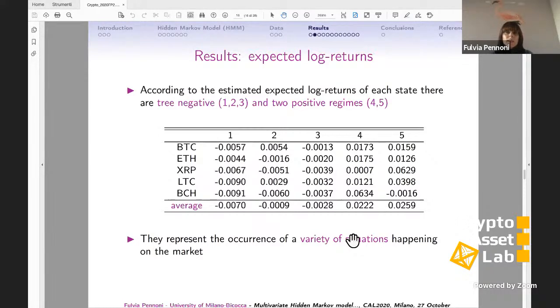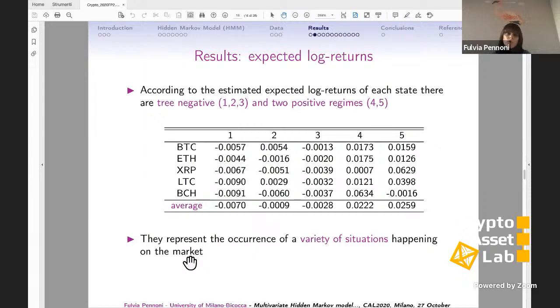First of all, the interpretation of the regimes can be gained by the estimated expected log returns. So here we depict the matrix of the log returns that we estimate with the proposal, and mainly we can define 3 negative regimes according to the average of each hidden state, and then 2 positive regimes, the last 2, so 4 and 5.